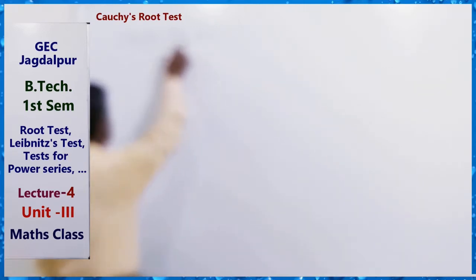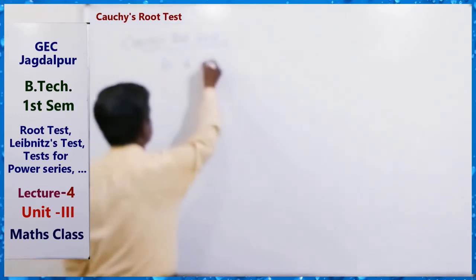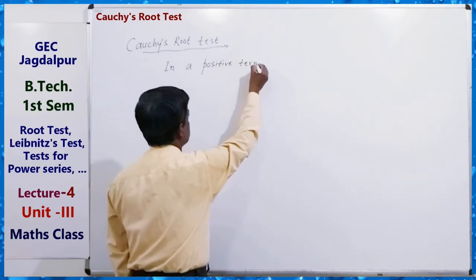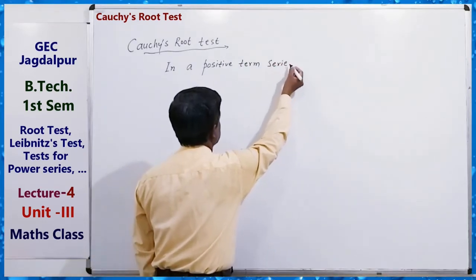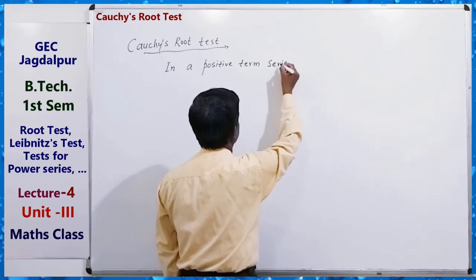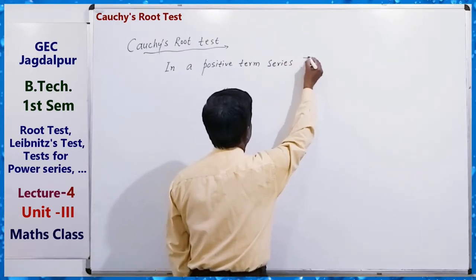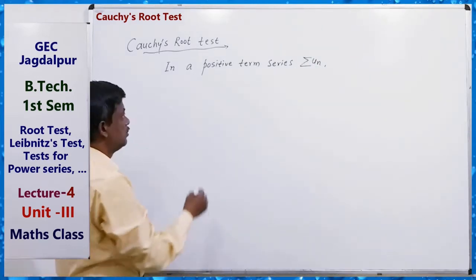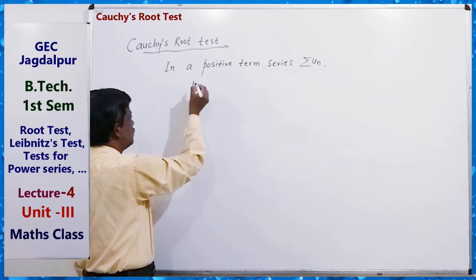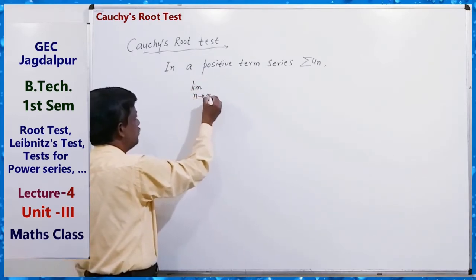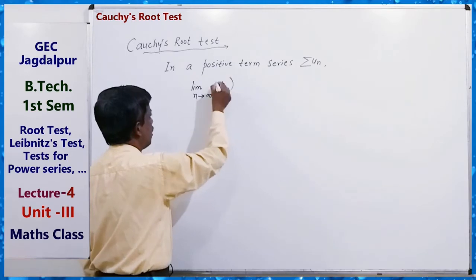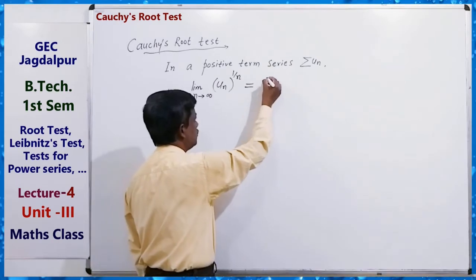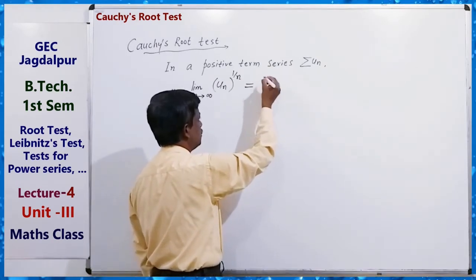In a positive term series, summation un, limit n tending to infinity of un power 1 by n equals lambda, suppose.